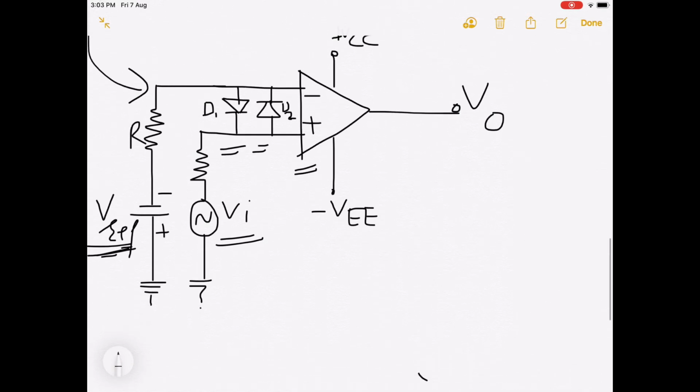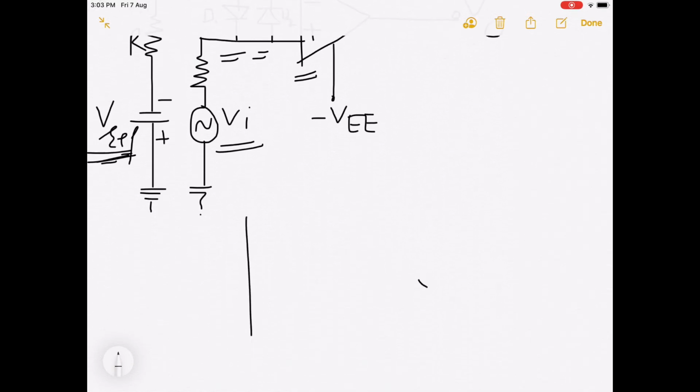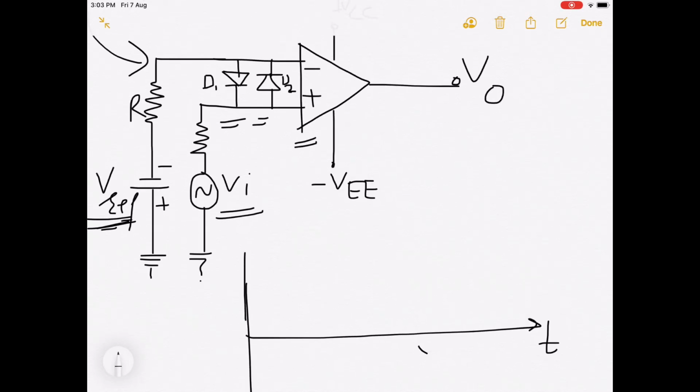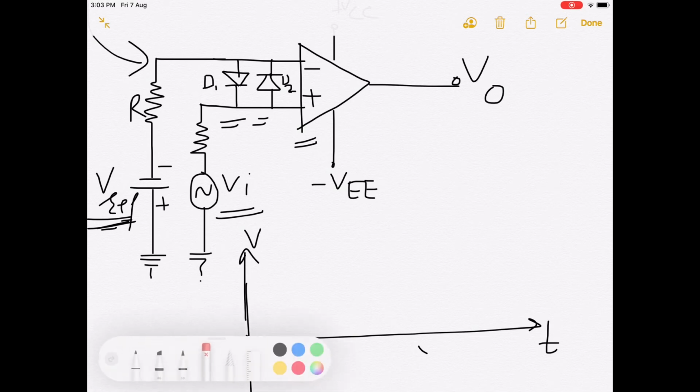So, here I am drawing its input and output waveforms. If you apply a variable input, suppose we are applying a sine wave. On the x axis there is time t, and on the y axis there is Vi, which is the variable input.